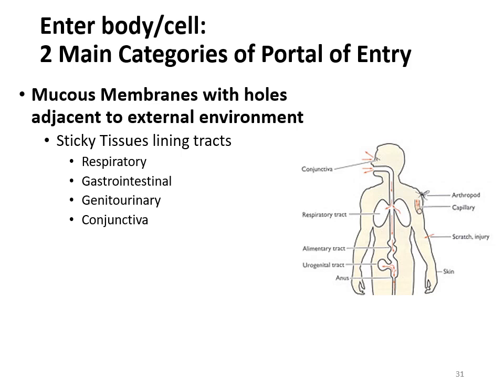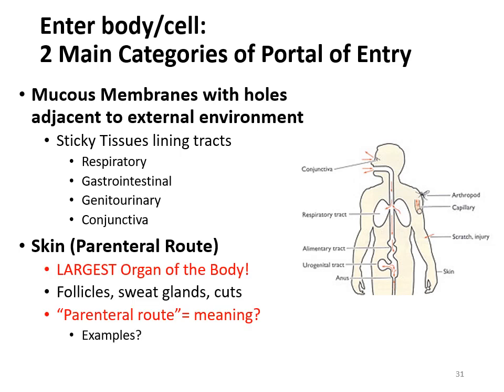The other big portal of entry is the skin. Any bacteria that enters through the skin, through breaks in the skin, is considered as entering through the parenteral route. Now, remember the skin is the largest organ of the body, and we're going to talk about the skin and the immune system as being very good at protecting us.